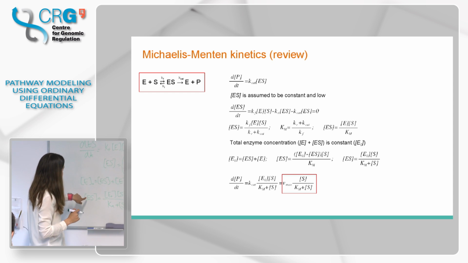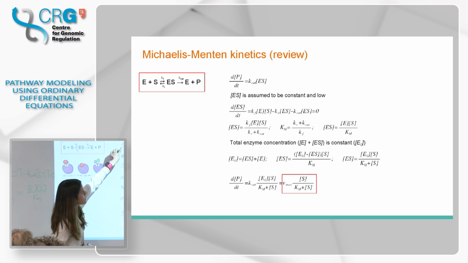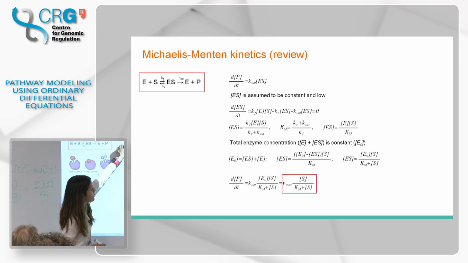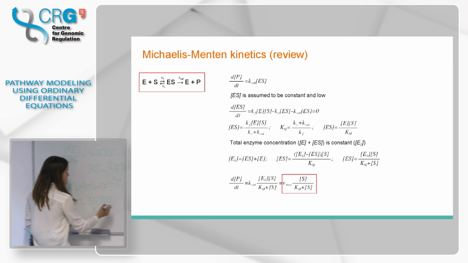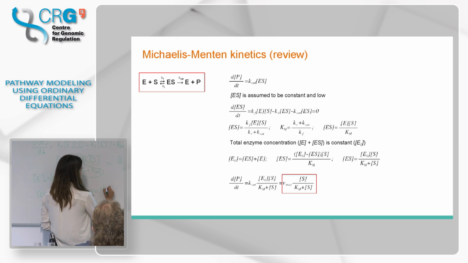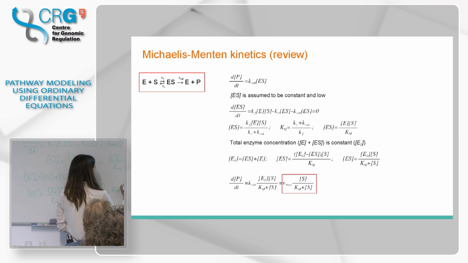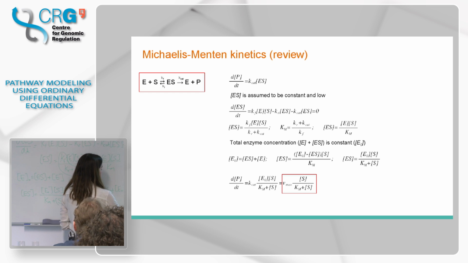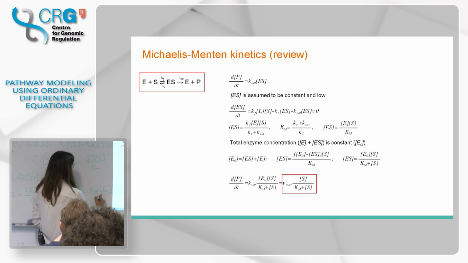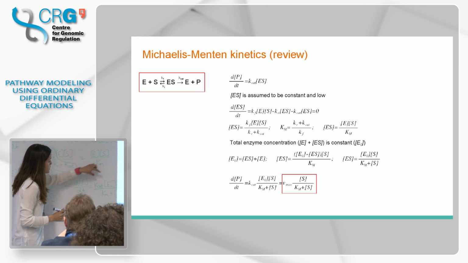So now we have to replace this in the first equation, the one that we were using for the actual rate of the reaction, the product production. So once we change this, we know that this is equal to k cat, and we can actually replace this.